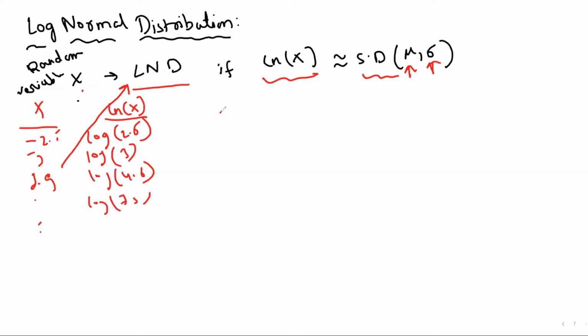Normally, the graph of a log normal distribution is basically right skewed. So it is something like this. Now you know what is right skewed and left skewed, right? As I taught you. So normally, the distribution of a random variable x, a log normal distribution, is something like this. It is right skewed.